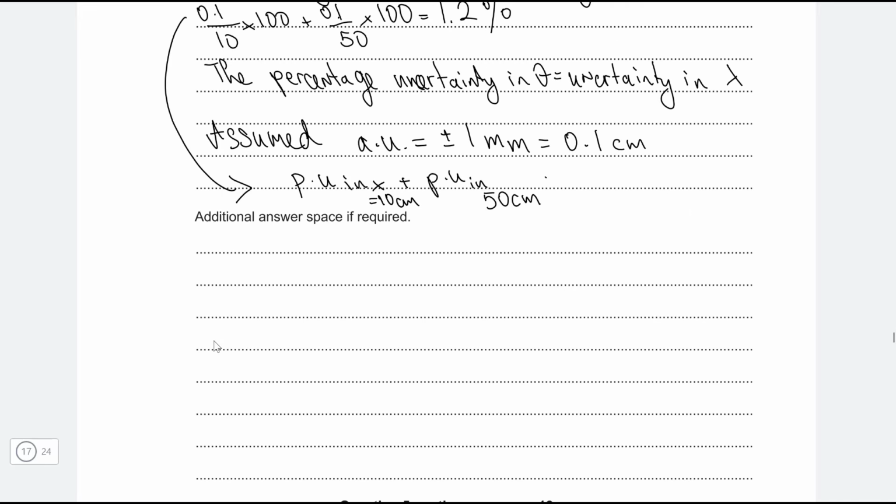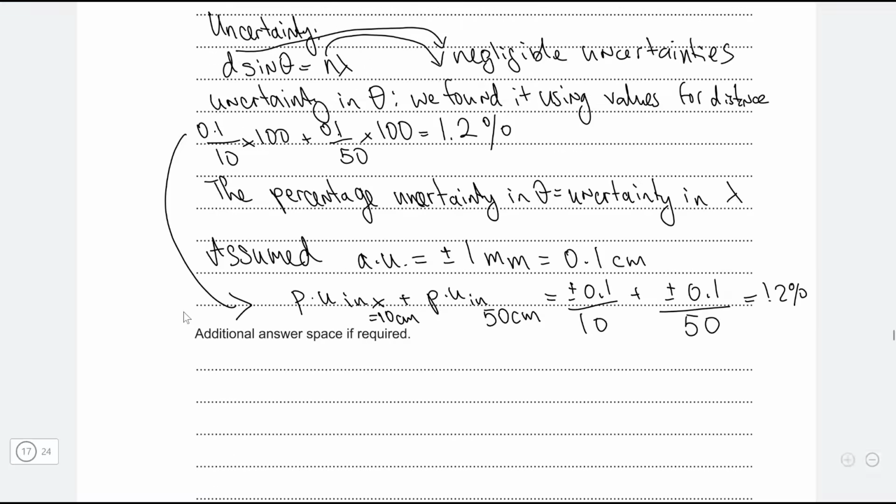And remember, our percentage uncertainty in each is plus or minus the absolute uncertainty, so that's plus or minus 0.1 divided by the value 10, plus plus or minus 0.1 divided by our value 50, which gives us 1.2%. So this is where this value comes from if you are not completely sure.